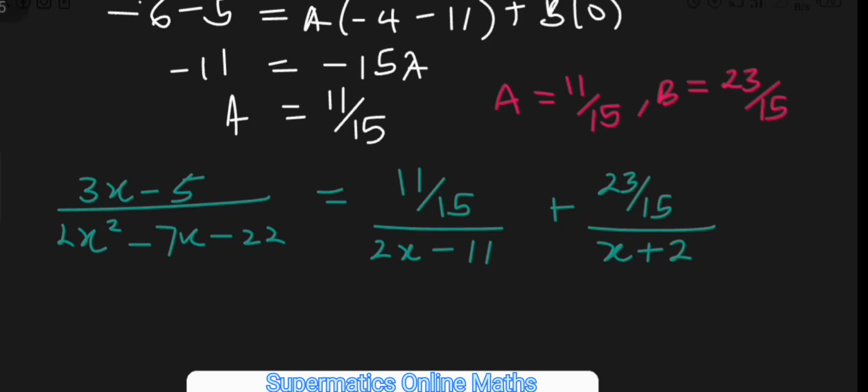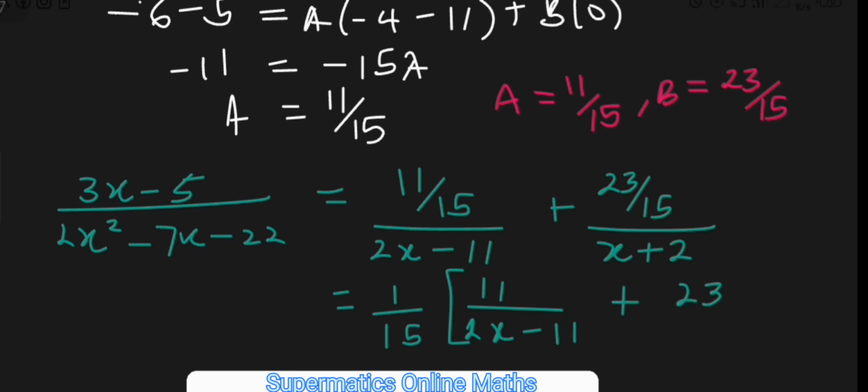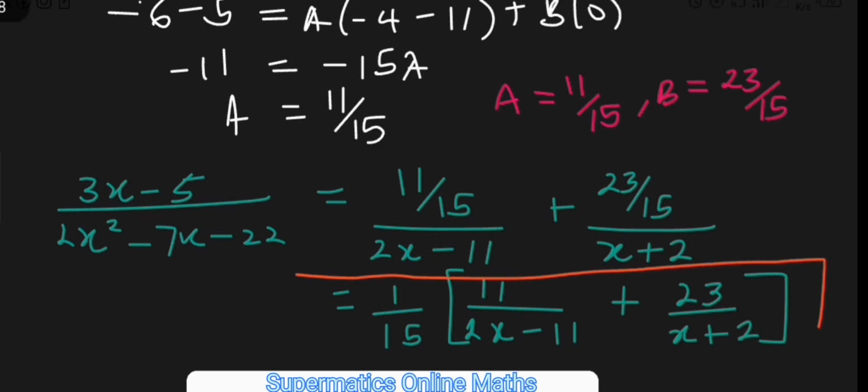From the numerators, we have 1/15 as a common factor, so we can factor out 1/15, while we have 11/(2x - 11) plus 23/(x + 2). This is the partial fraction that adds up to (3x - 5)/(2x² - 7x - 22).